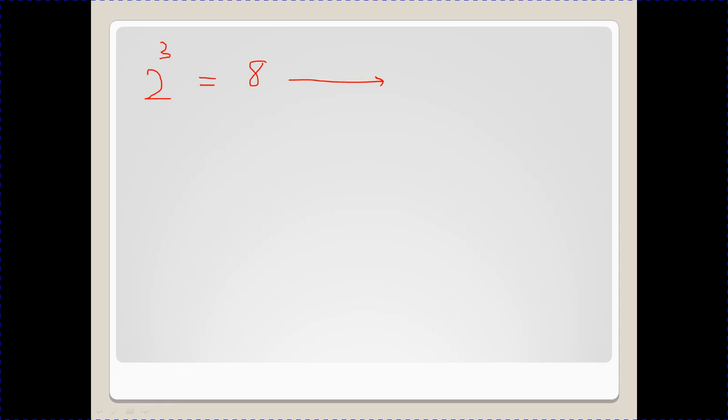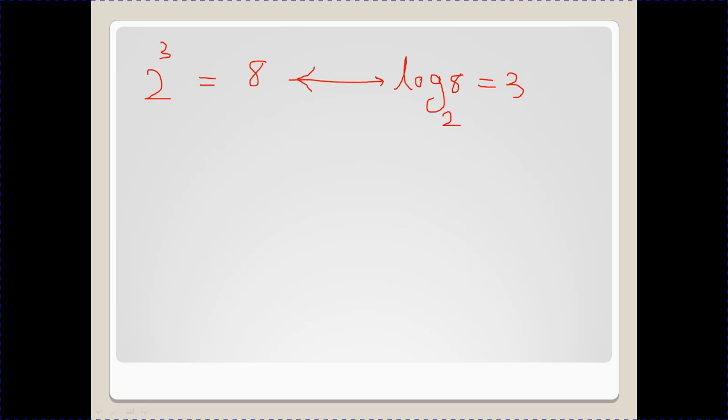I'm going to introduce the corresponding logarithmic equation. So if I have 2 to the power 3 equals 8, then the corresponding logarithmic equation is logarithm 8 at the base of 2 equals 3.